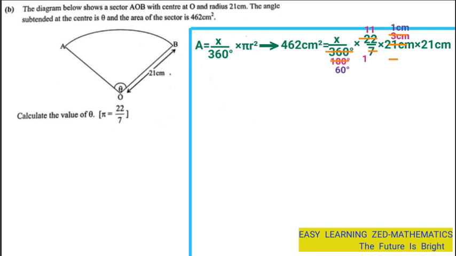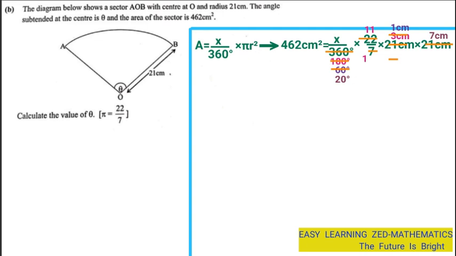As you can see there, I've written 1 centimeter. I'm maintaining the centimeter unit because it is very important to do that. Okay, then 3 into 60 will give us 20 degrees. Then 3 into 21 centimeter, it will give us 7 centimeter.